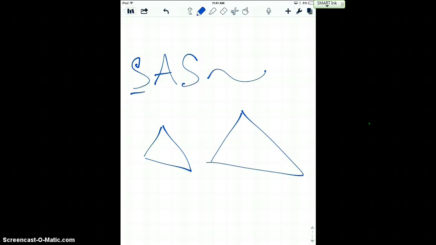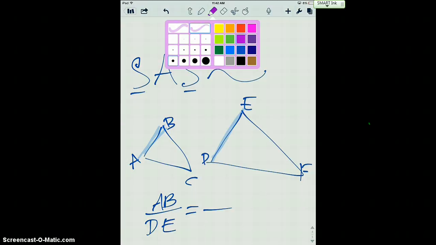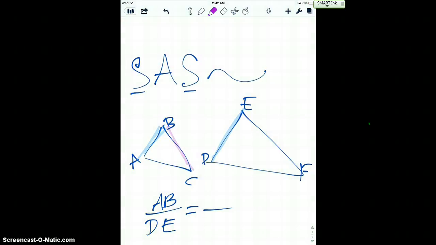So the sides, when they're talking about the sides in this case, I'm going to need to label them. We're looking at side AB. So I'm going to write that side AB goes with, is proportional to side DE. So we have proportional sides here. Okay?